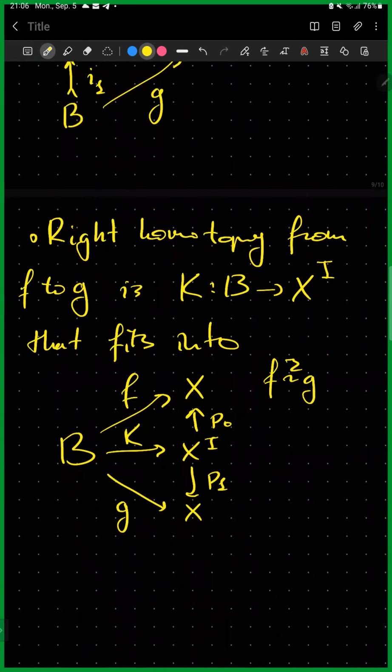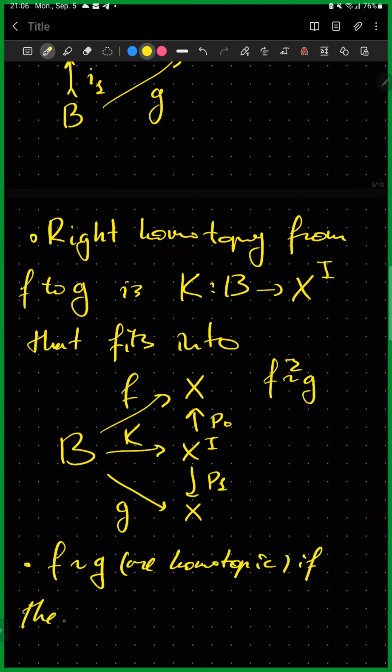And we say that two maps are just homotopic if they are both right and left homotopic.